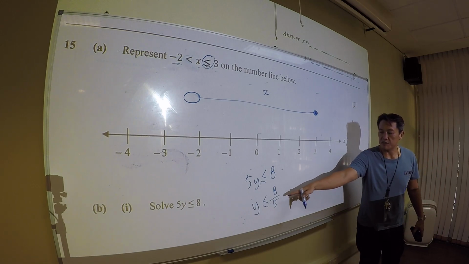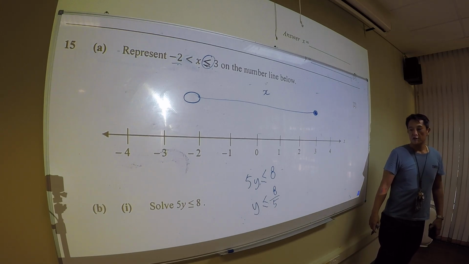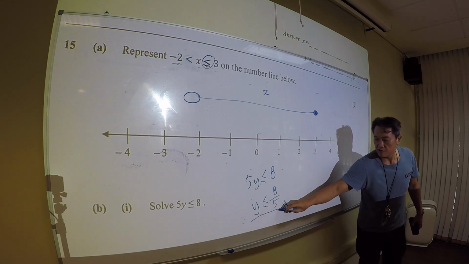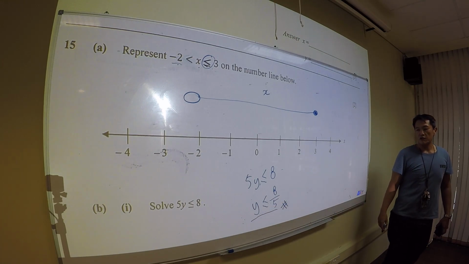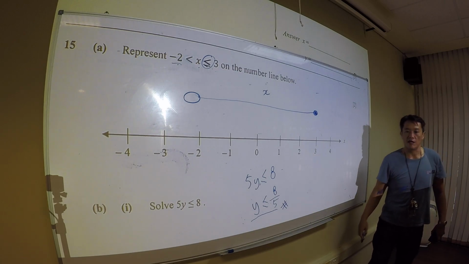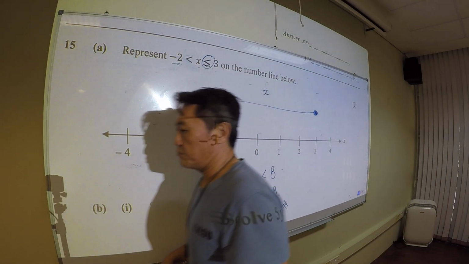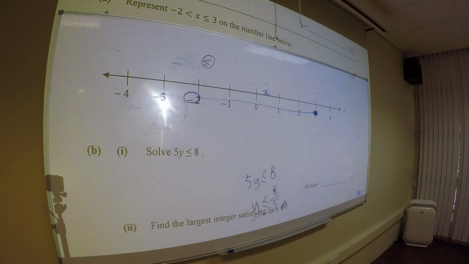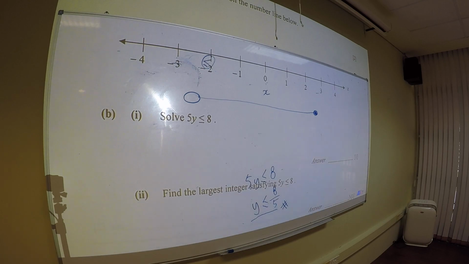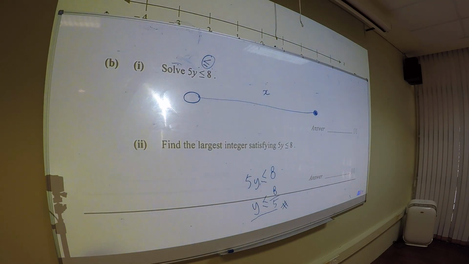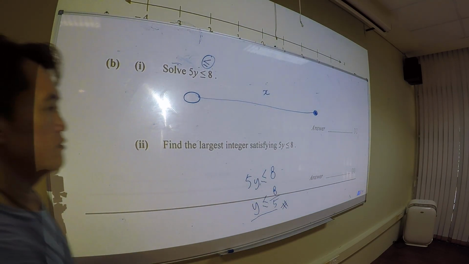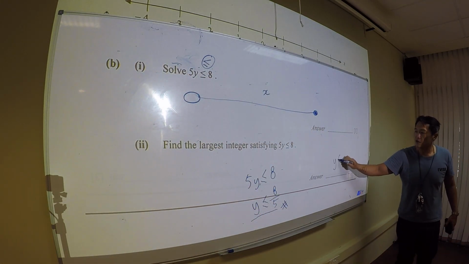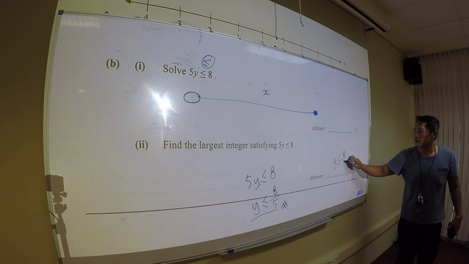So your y must be smaller or equal to 8 over 5. This is the answer already. But you must write the entire y smaller or equal to 8 over 5 inside the line. Cannot just put the number. So on this line, you must write y smaller or equal to 8 over 5.